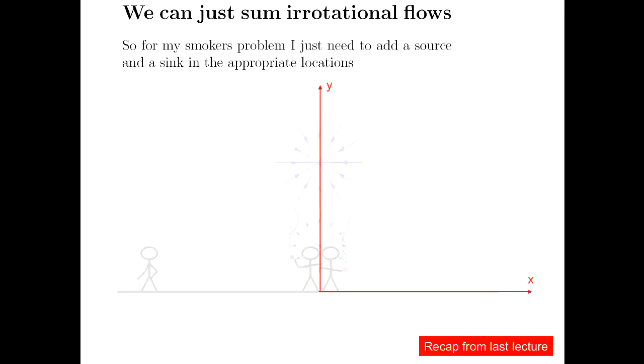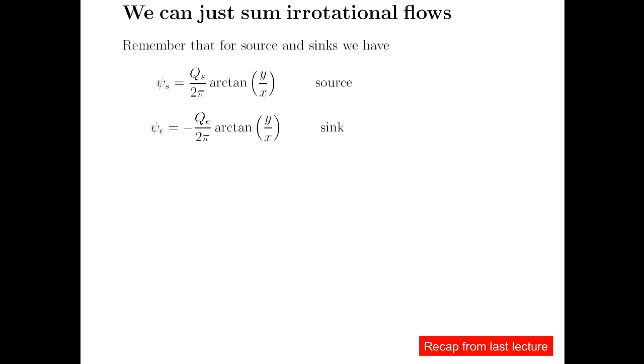I can define my axis for x as the horizontal axis and y the vertical, and the origin is at 0, 0 at the bottom left corner. And this is our stream function for a source and sink.